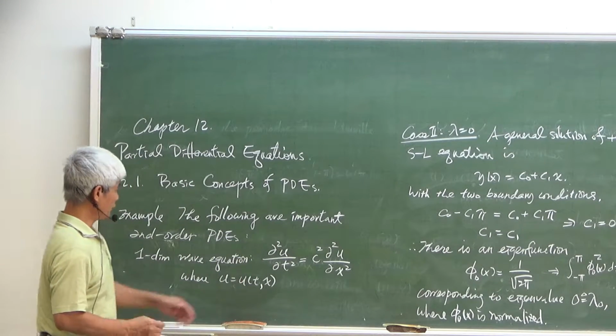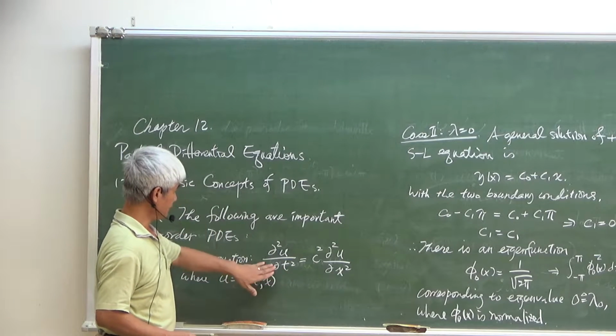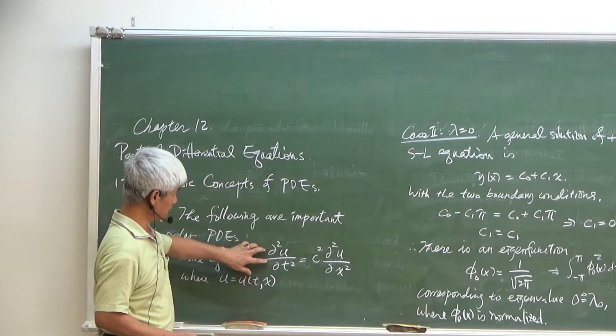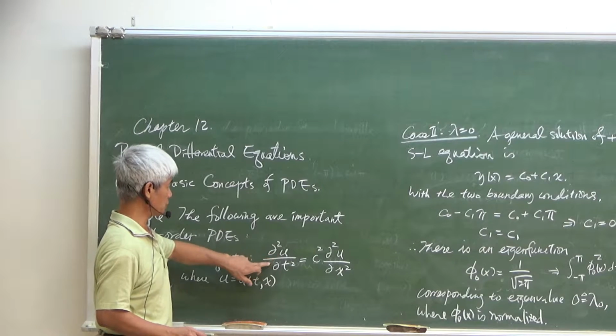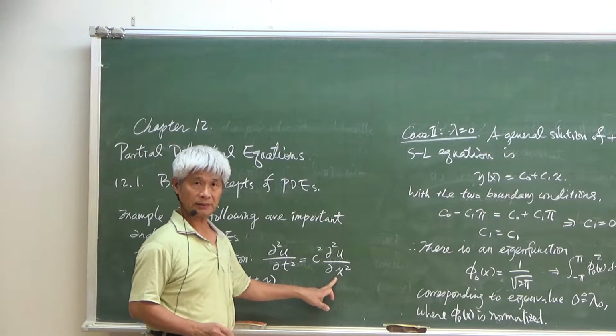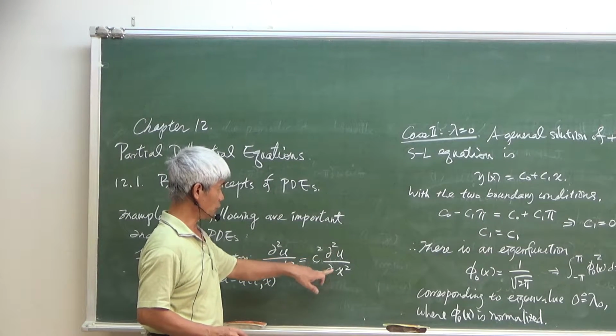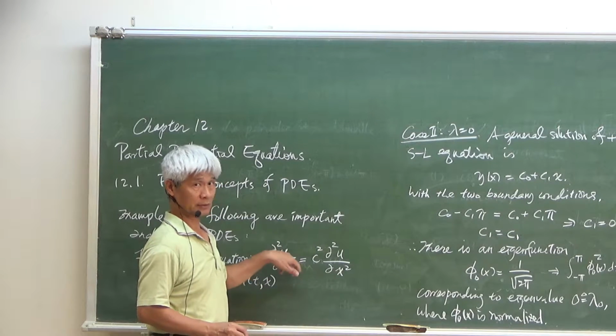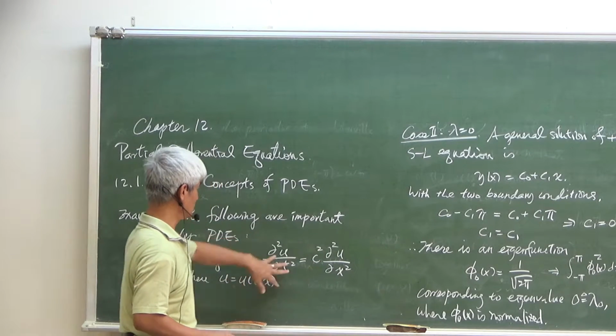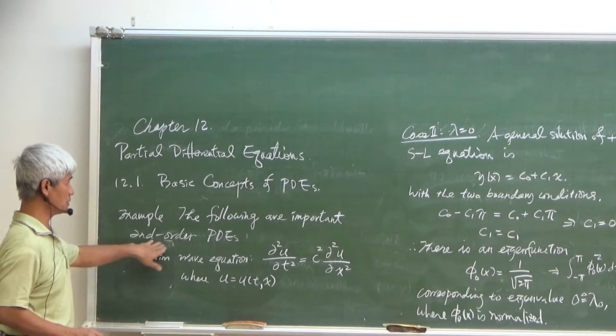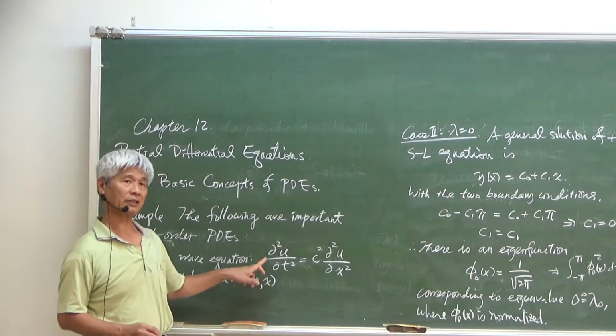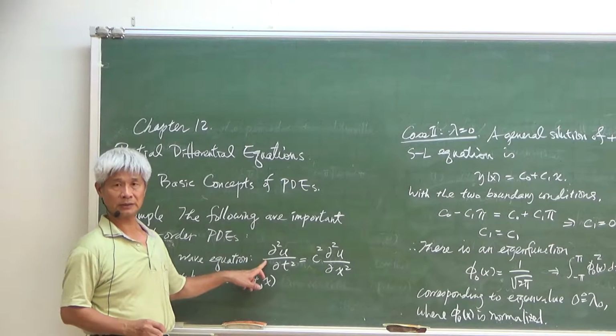And in this wave equation, you can see that it involves the second partial derivative of u with respect to t, as well as the second partial derivative of u with respect to x. So it is called second order because we are involving second order partial derivatives.